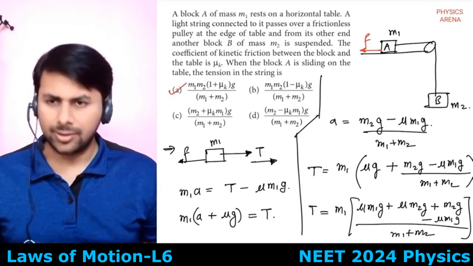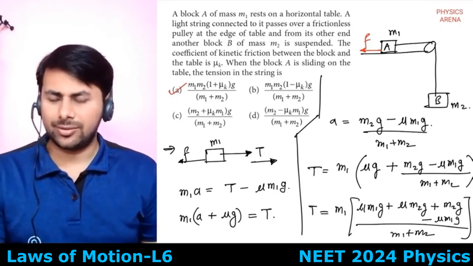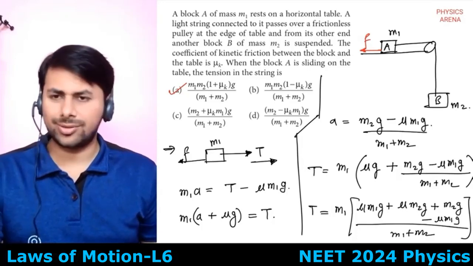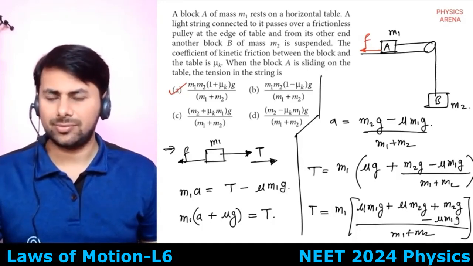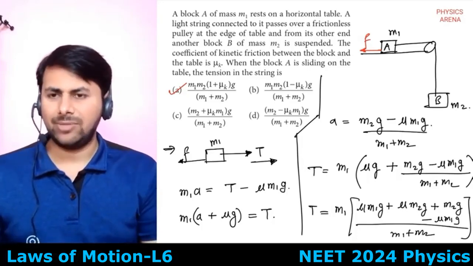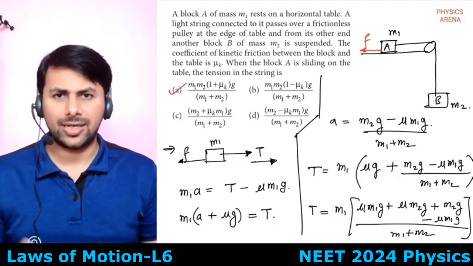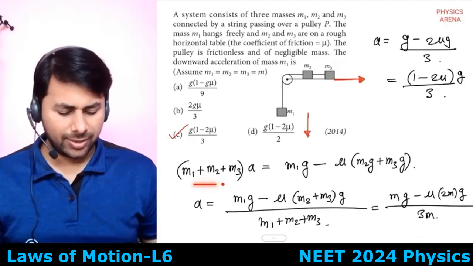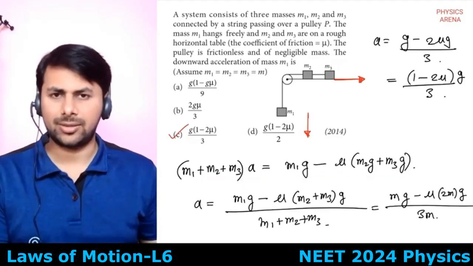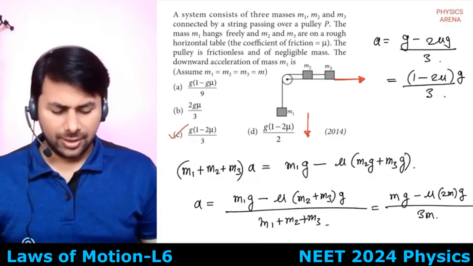Yes, no? So you can wait for a time being, solve other questions, and if time is left, you can move on to this question. If acceleration is asked, directly use the formula and find out acceleration.